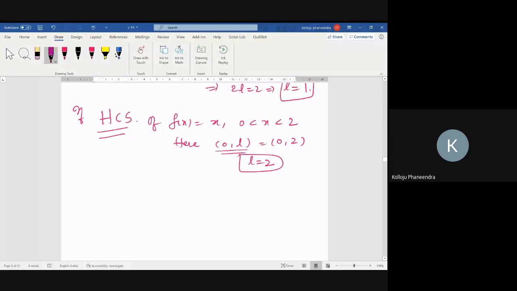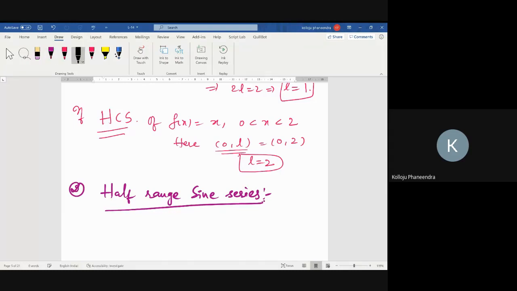Next, half-range sine series. What is the idea here?